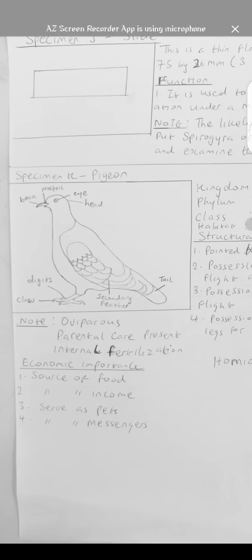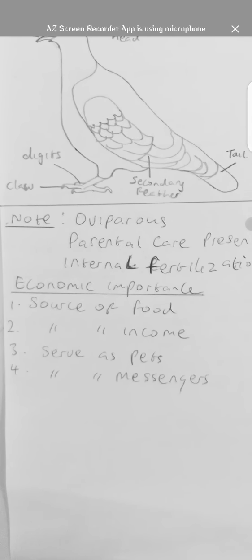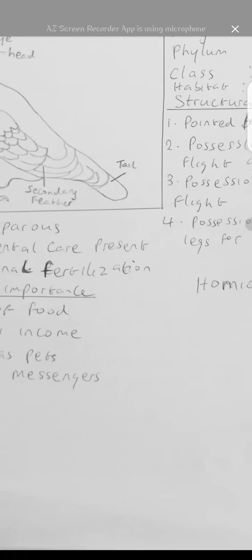It performs internal fertilization, unlike toad. Now, economic importance. Source of food, source of income. It serves as pet. Number 4, it serves as a messenger. Okay, so that's basically it.